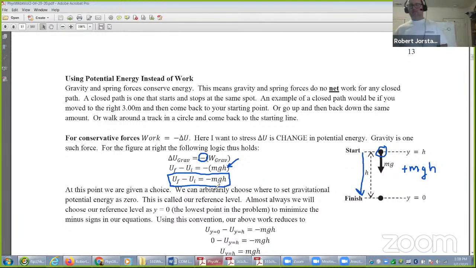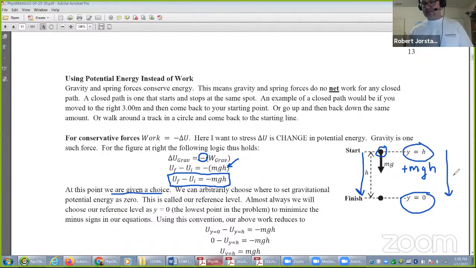Now, when we are doing energy problems, we are free to choose our coordinate system. We could set the bottom equal to 0. We could also set the top equal to 0. But the idea here is the change in position is always negative h, regardless of how we get there.